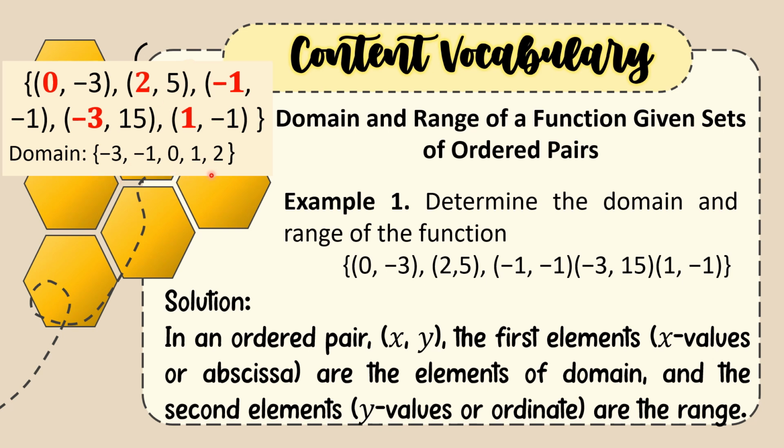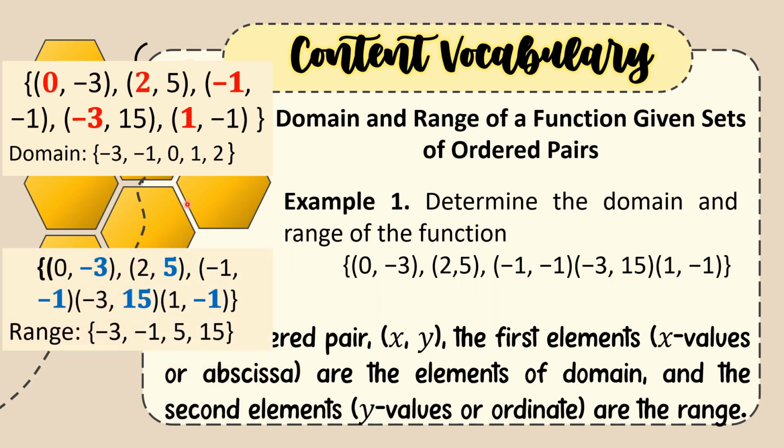This is arranged in ascending order, but you can also write the domain as it appears in the set of ordered pairs. Now, for the range, we have the values in blue: -3, -1, 5, 15.